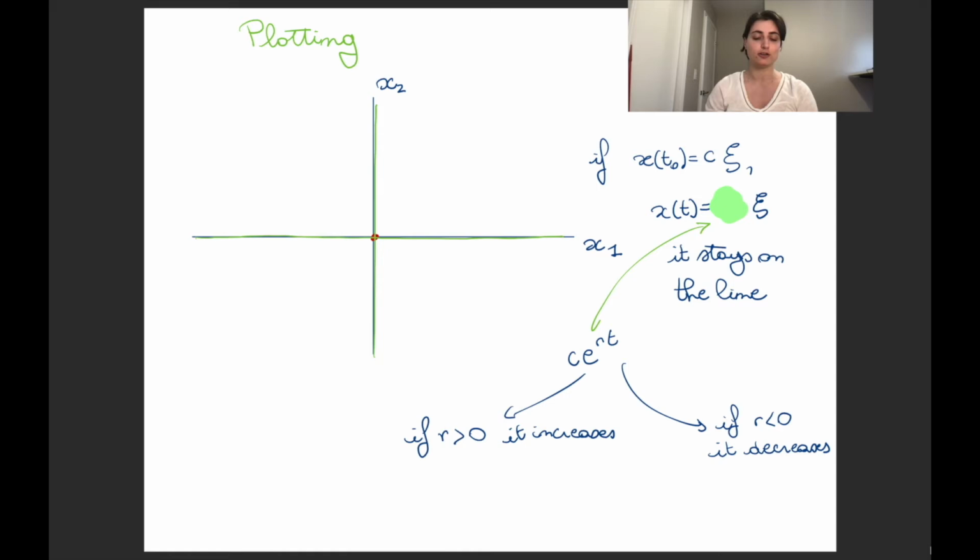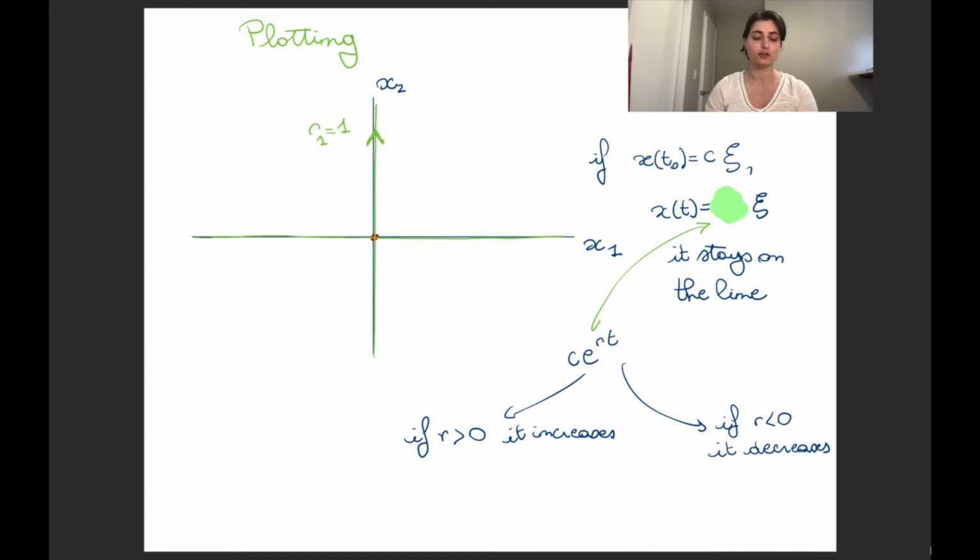On the left, you're going to be moving more towards the left. The same if you're starting on the top or at the bottom. Either way, you will never go towards the equilibrium. You're going to go away from the equilibrium. If r is smaller than 0, that means that the coefficient in front of your eigenvector is going to decrease over time. So you start somewhere and you move towards the equilibrium.